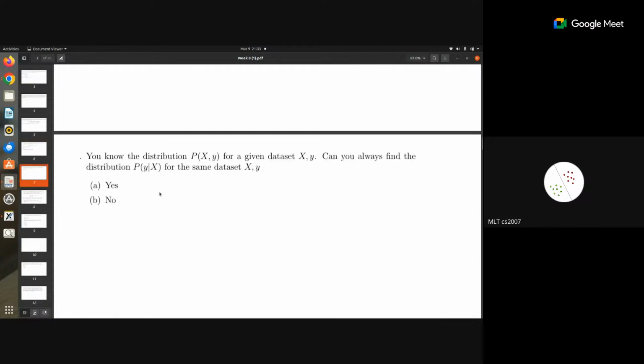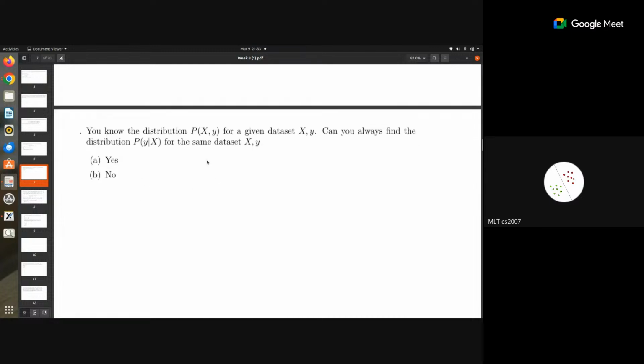If you know the distribution of probability of x comma y, which is the joint distribution between x and y, can you always find the distribution of probability of y given x for the same data set? We should know the prior, sir.